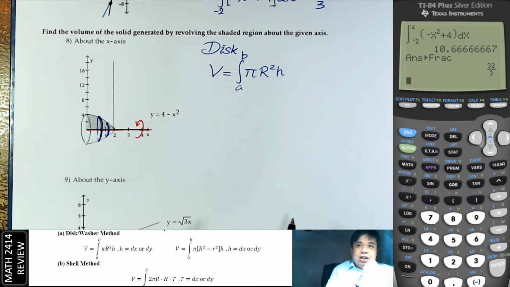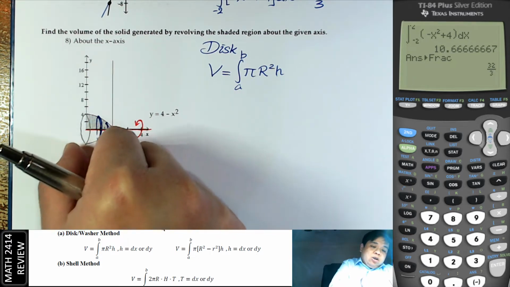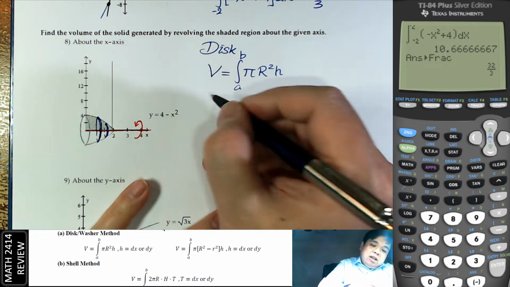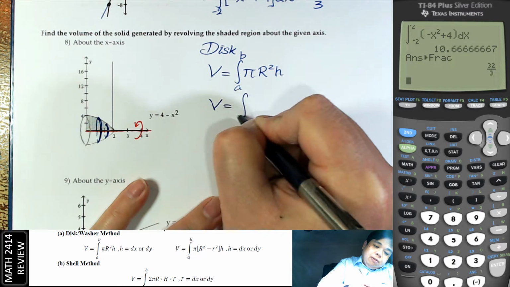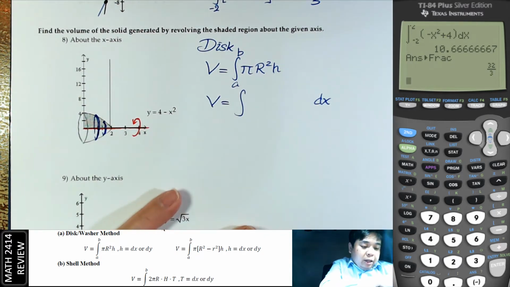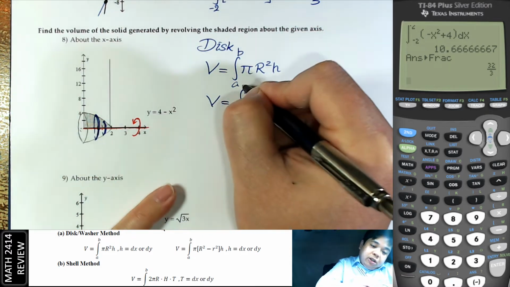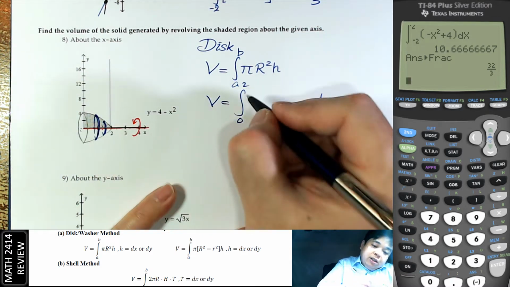So once again, for the disk and washer method, dx or dy will be aligned with the axis of rotation. This is the x-axis, so we align to it. So it's going to be dx here. Now, as far as limit for x, obviously go from 0 to 2. That's the region R.